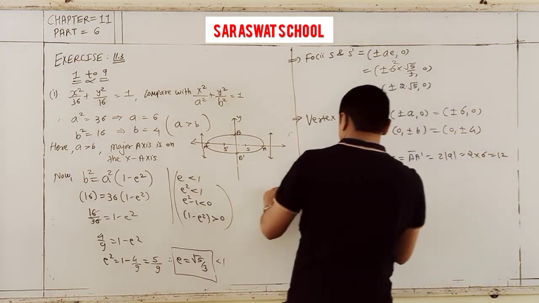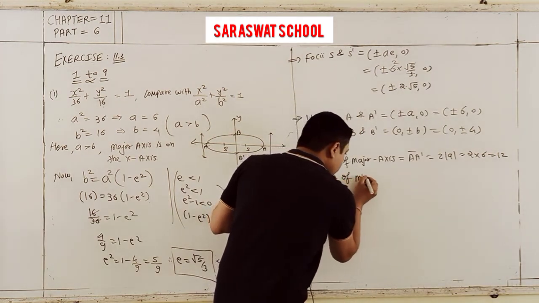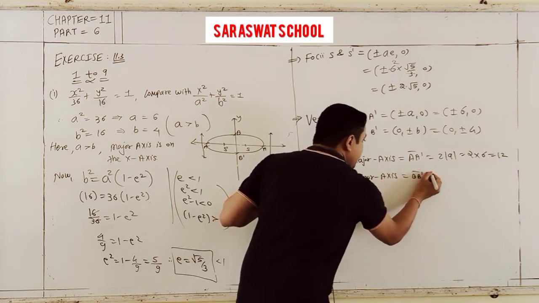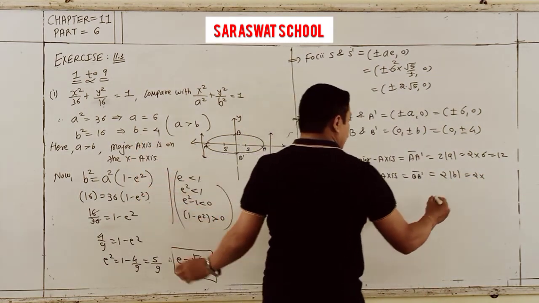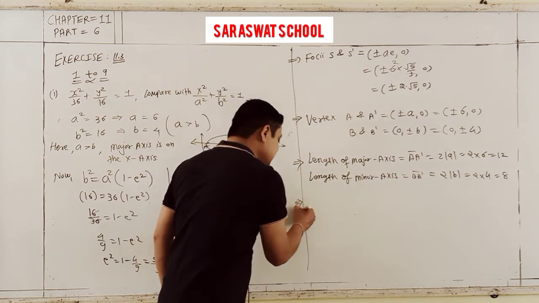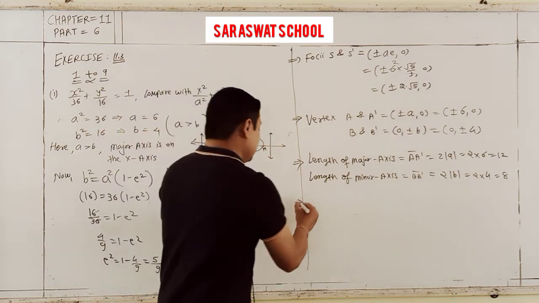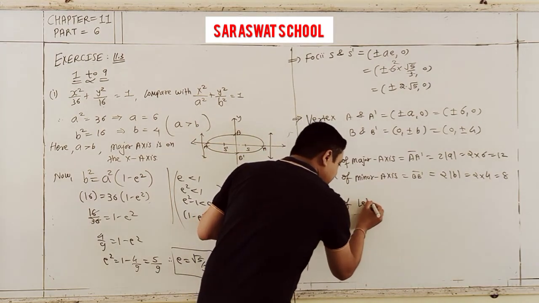Similarly, the length of the minor axis, BB dash, is 2 modulus b. And what's your b, students? 4. It will be 8. And the last asks for eccentricity, already done. And the last asks for the length of the latus rectum.